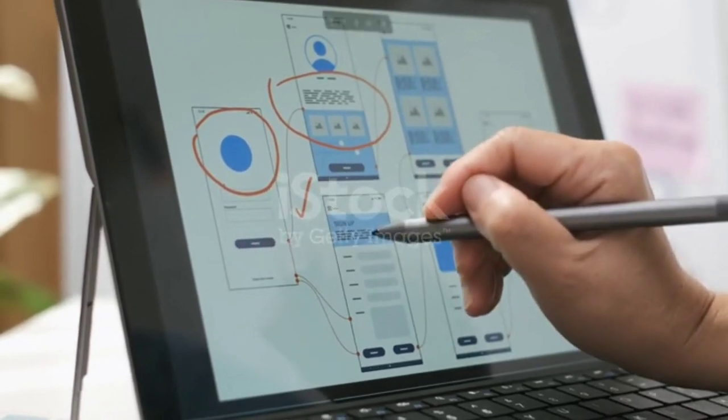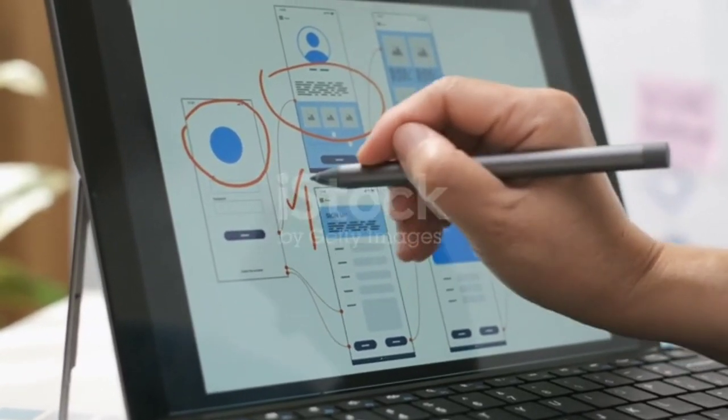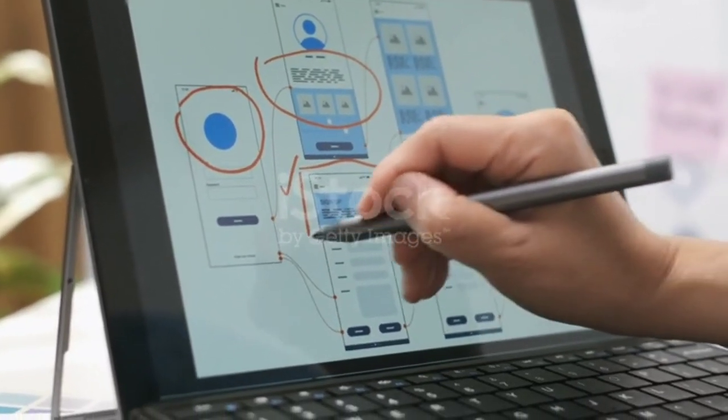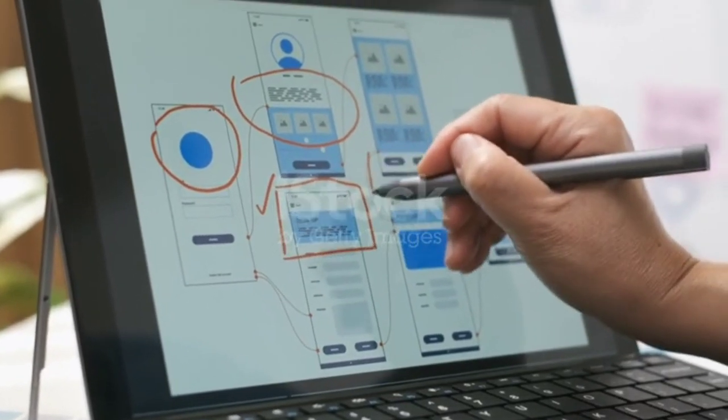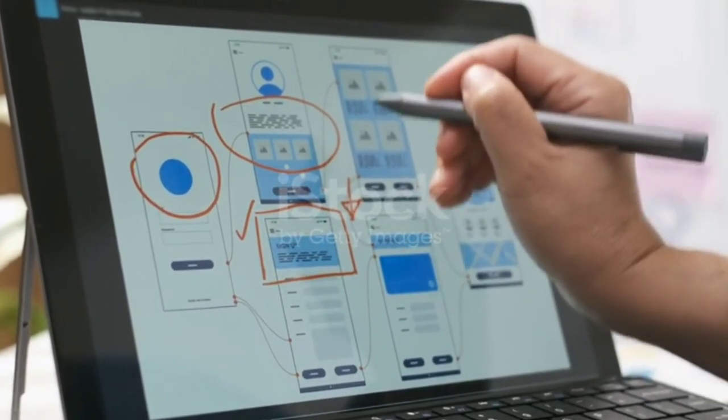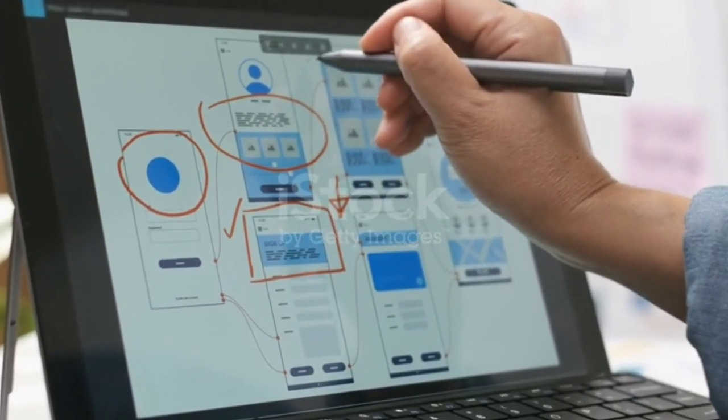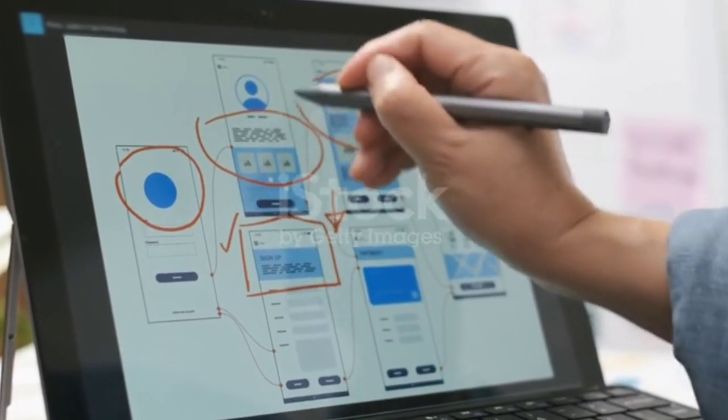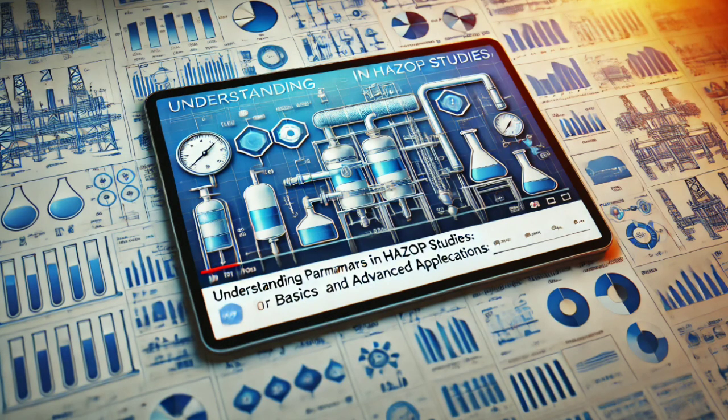Let us summarize today's session. To recap, parameters are the measurable elements of your process that are key to identifying potential hazards in a HAZOP study. Selecting the right parameters is critical to ensuring a thorough analysis. Focus on relevant and critical parameters.